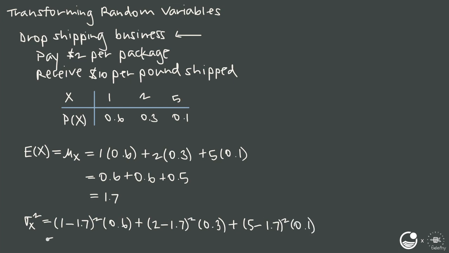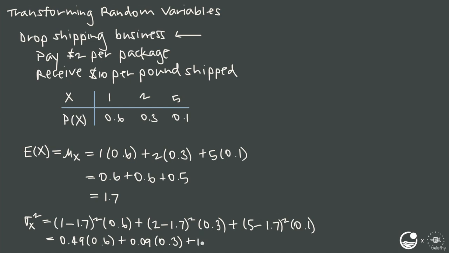Now, if we do that math, 1 minus 1.7 is negative 0.7. When we square that, we get positive 0.49 times 0.6. 2 minus 1.7 is 0.3. When we square that, we get 0.09 times 0.3. And 5 minus 1.7 is 3.3.